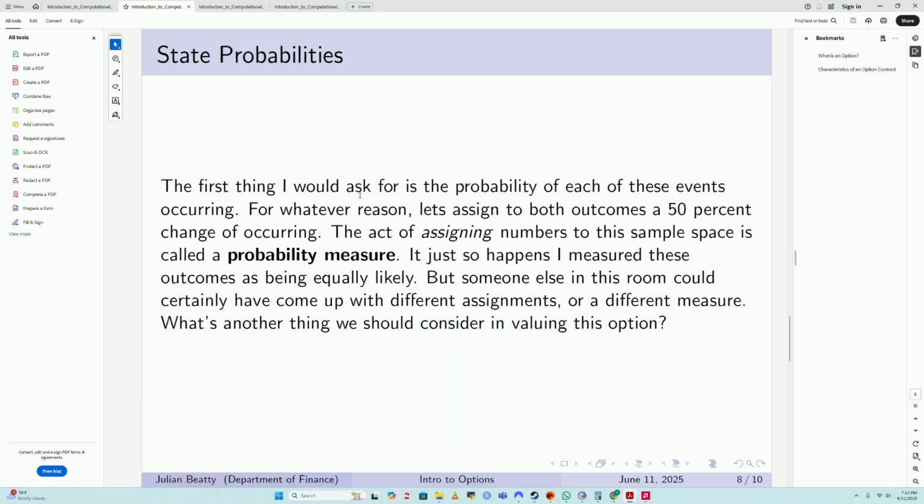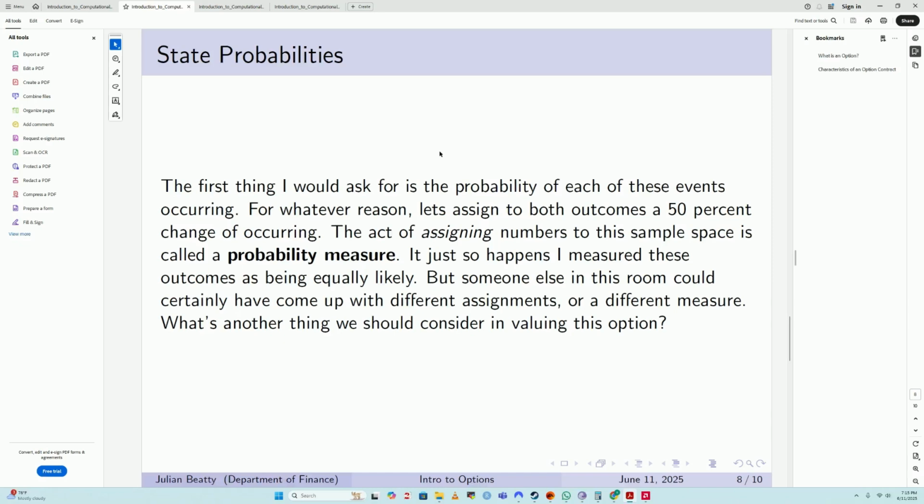Well, I would probably want to know a probability for each of these events. So for whatever reason, let's assign to both outcomes a 50% chance of each of them occurring. So the act of assigning numbers to this sample space is called a probability measure. And it just so happens I measured these outcomes as being equally likely. But someone else in the room could have certainly come up with different assignments or a different measure.